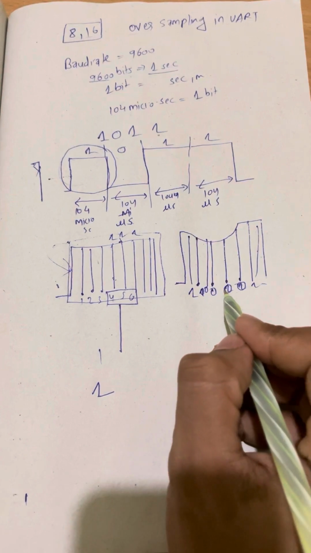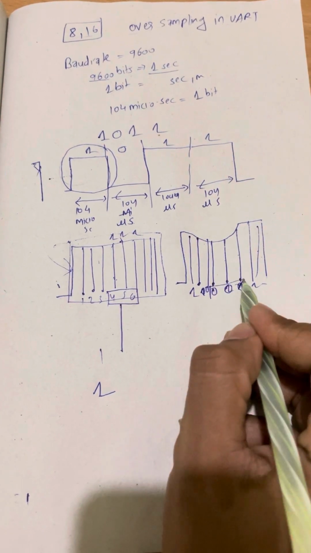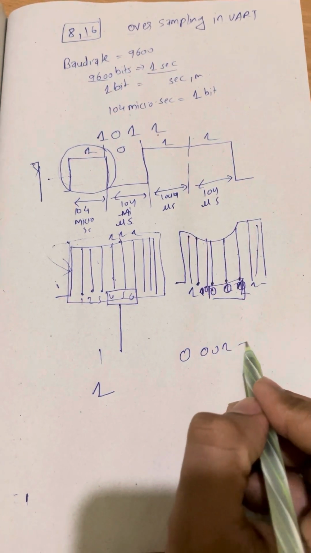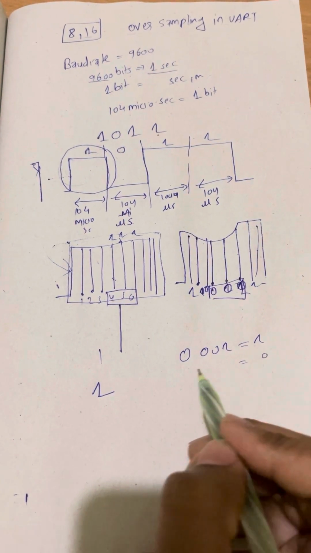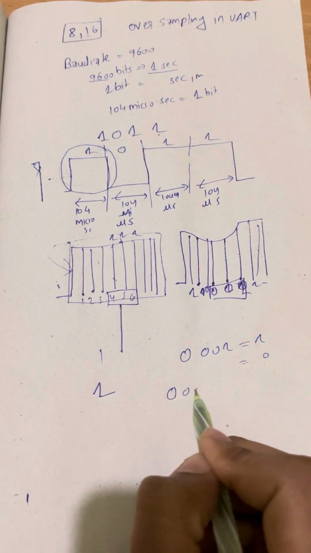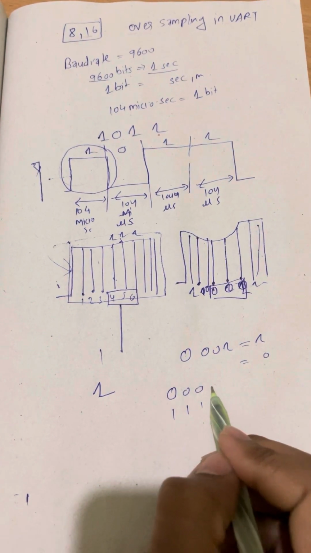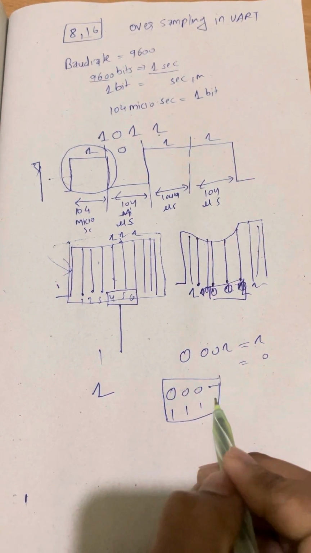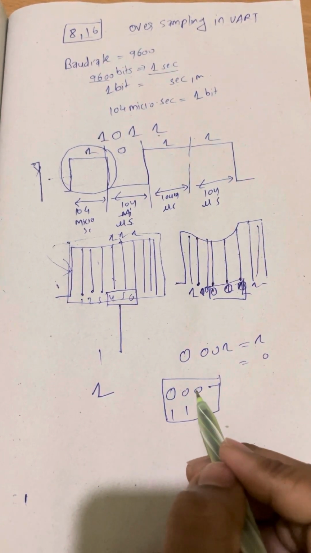Now I will take 4, 5, 6. So the value will become 0, 0, 1. Means it is neither completely 1, nor completely 0. We want only 2 things, either completely 0 or completely 1. This will be your perfect bit, one that is not noisy or fluctuated.